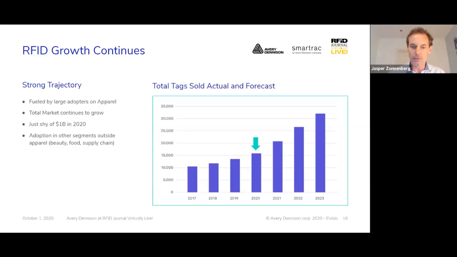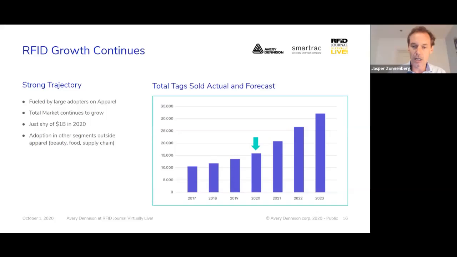Now, like I said, we described in the previous slides some of the more traditional segments that have adopted RFID. What we see in the last couple of years is that many more segments are joining the space. Examples here are aviation. Some airlines and airports already use RFID in the bag tags so that you have real-life information on where your bag is located.